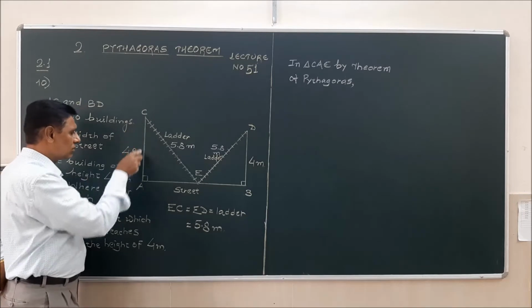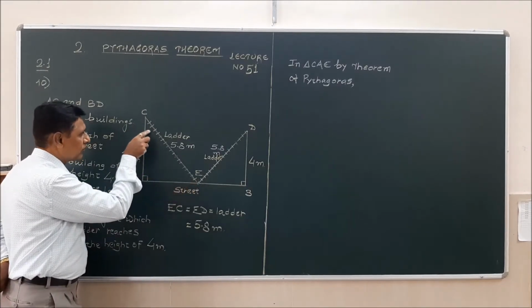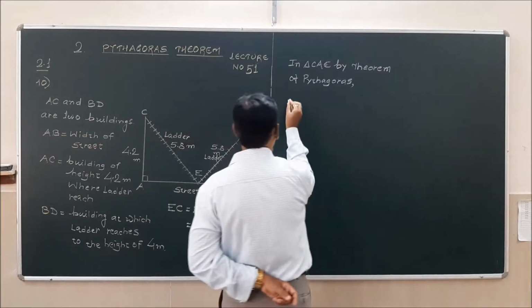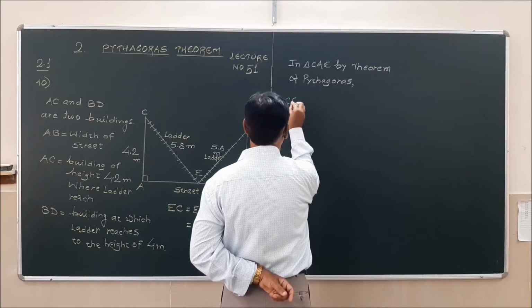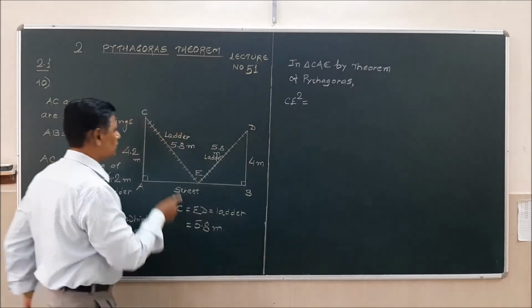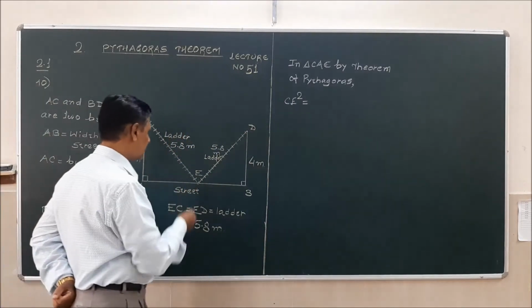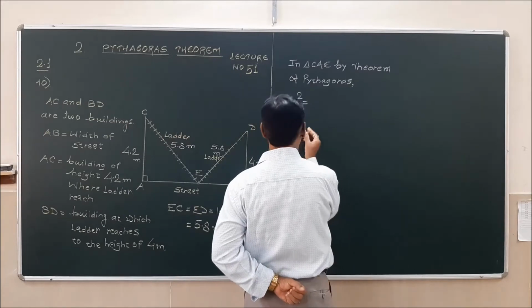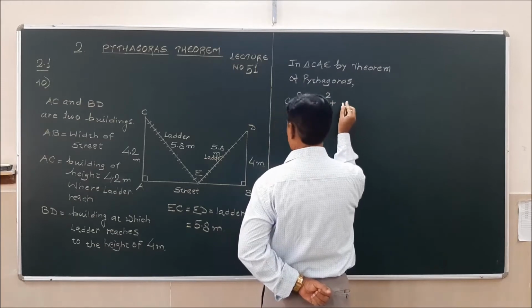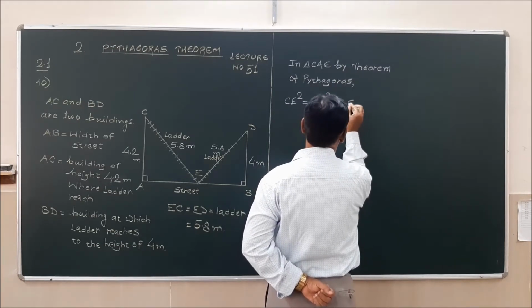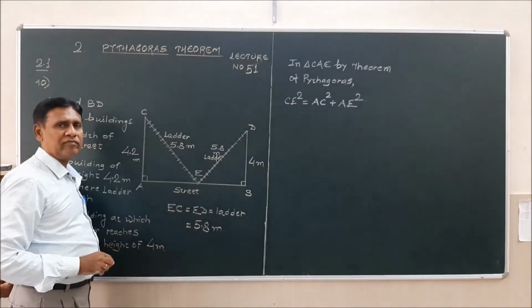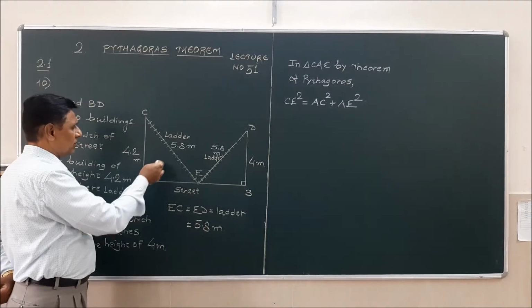So EC square is equal to AC square plus AE square. After applying the theorem of Pythagoras, this is the hypotenuse, opposite to 90 degrees.